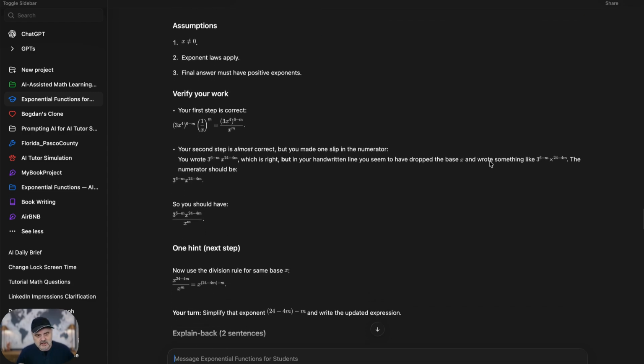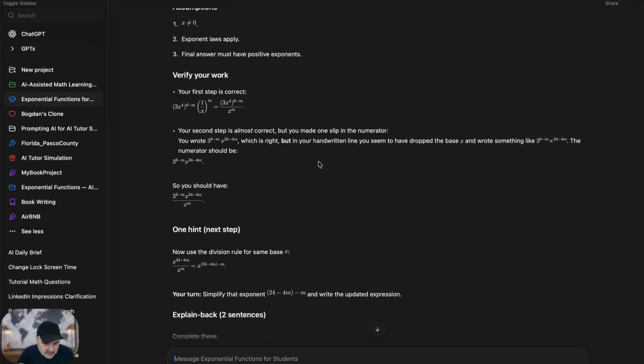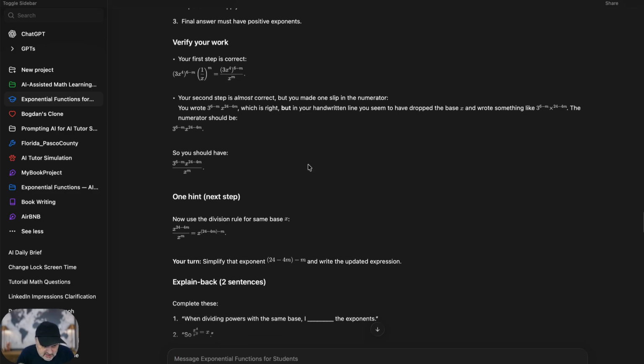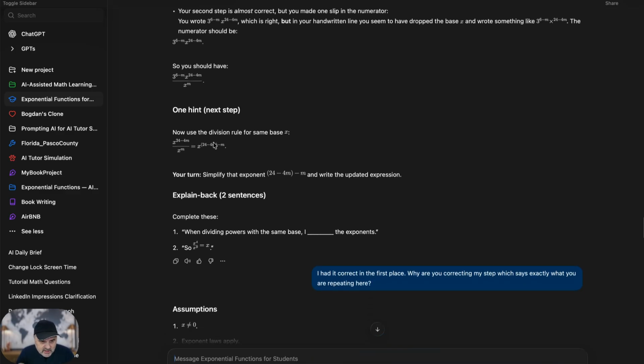As usual, the AI comes back with the assumption, verifying my work. It says my second step is almost correct, but there is one slip in the numerator. So it corrects me, and I should have shown the following statement according to the AI.